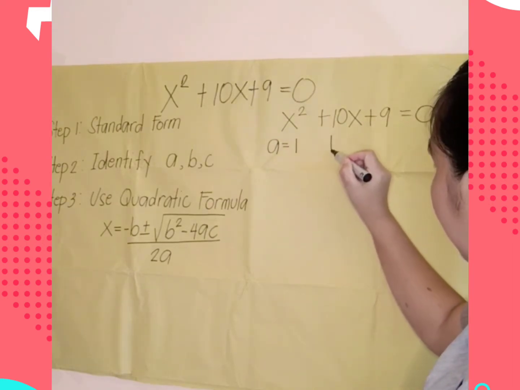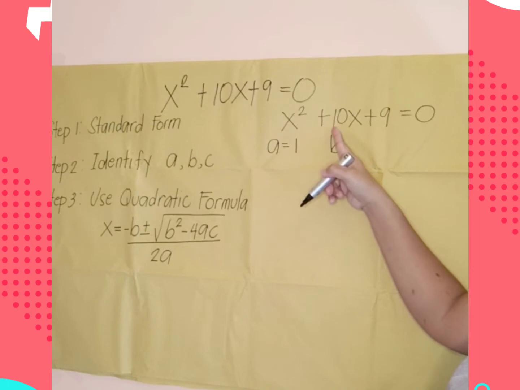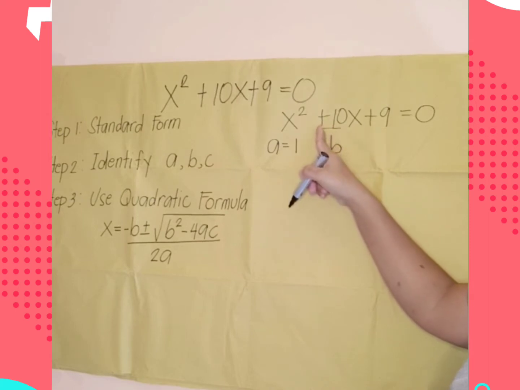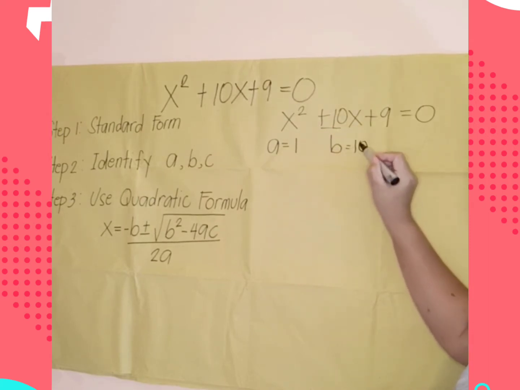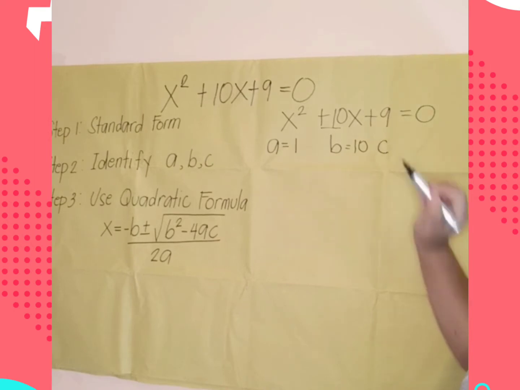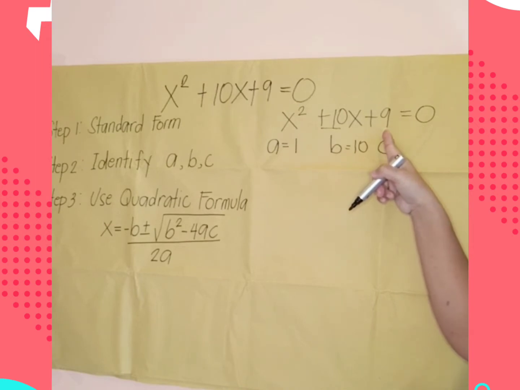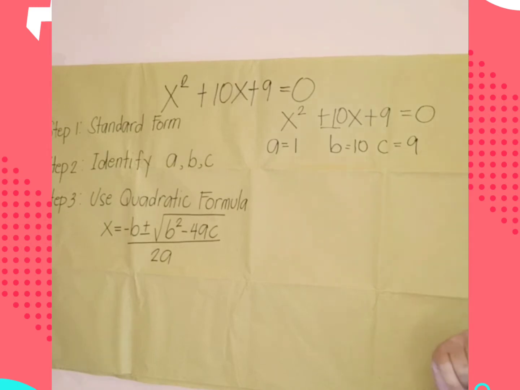At ang b natin could be found in your x term or linear term. So, what is the number beside your variable x? That is 10. Okay, consider the sign on the left side. That is positive 10. And c could be found on your constant term or last term. So our c here is equal to 9.